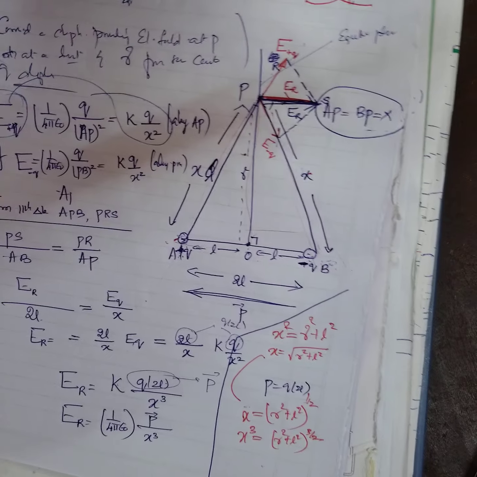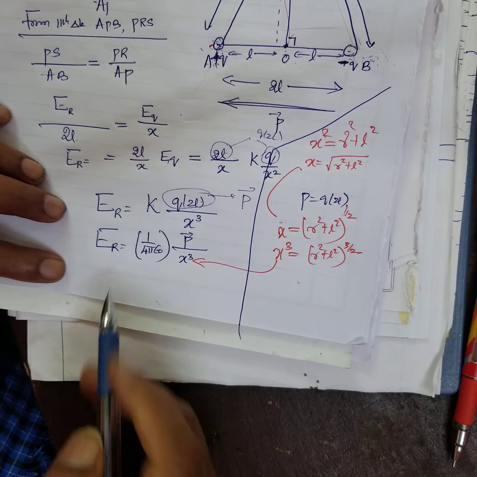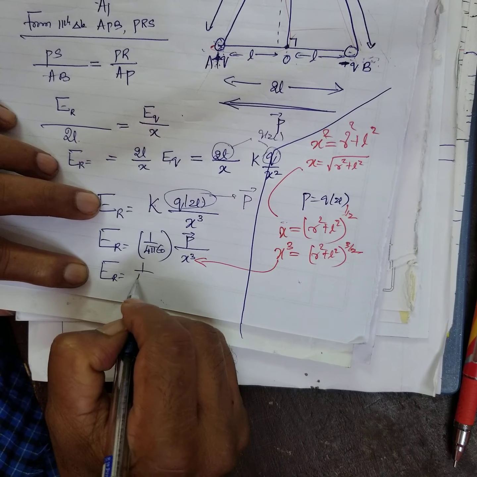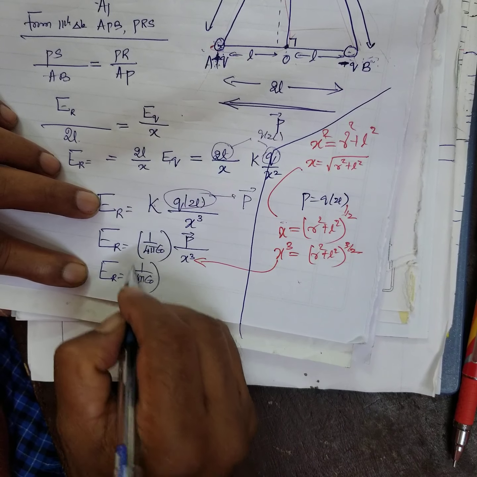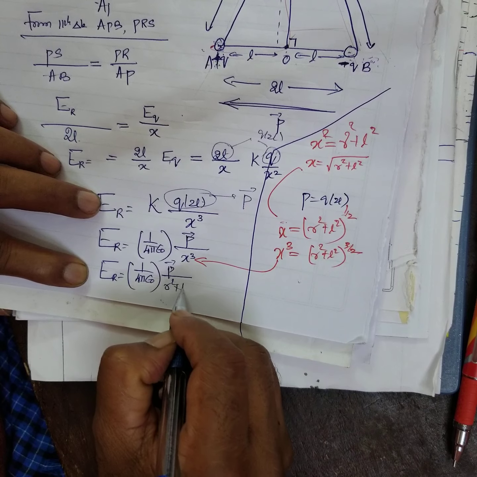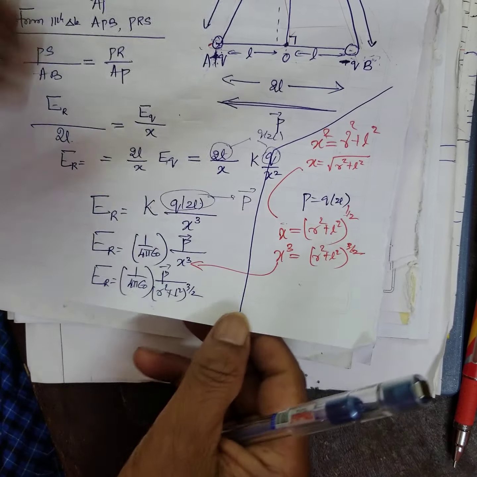Right. Therefore, you substitute this here. What you get? ER is equal to 1 by 4 pi epsilon naught P by r square plus l square to the power 3 by 2. Then you follow.